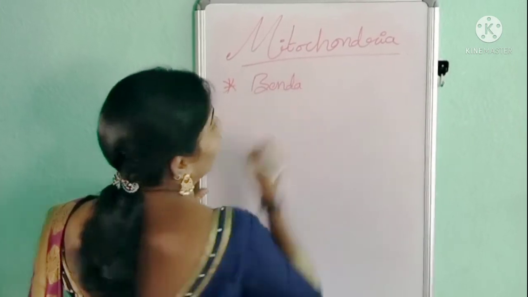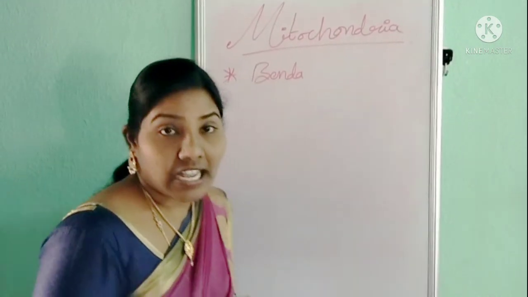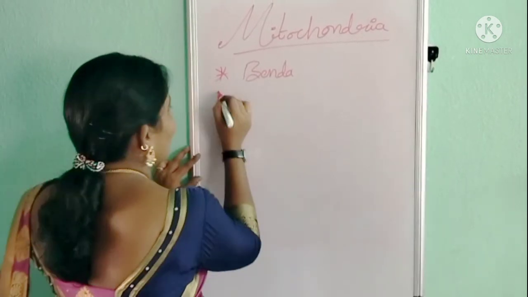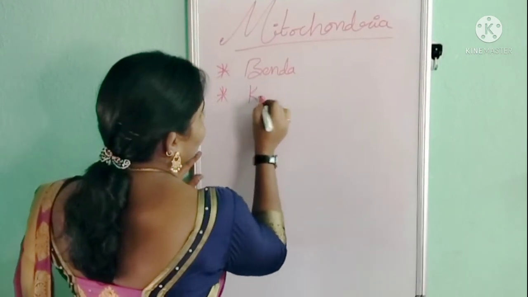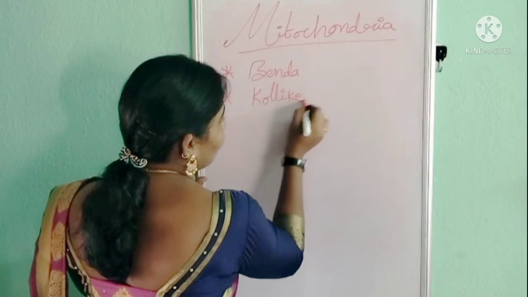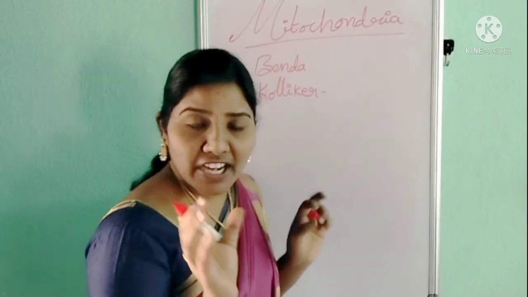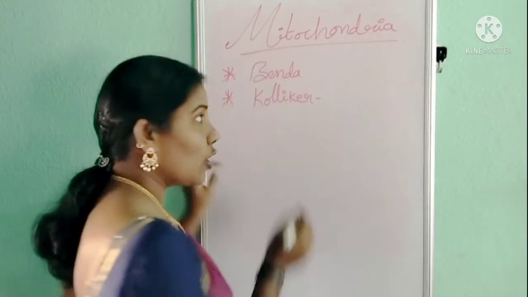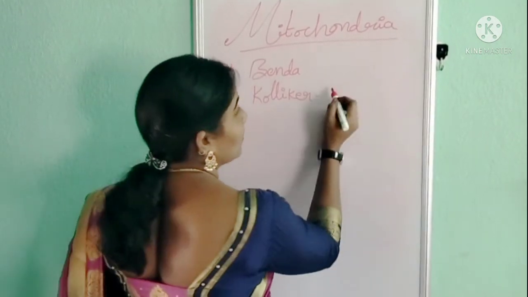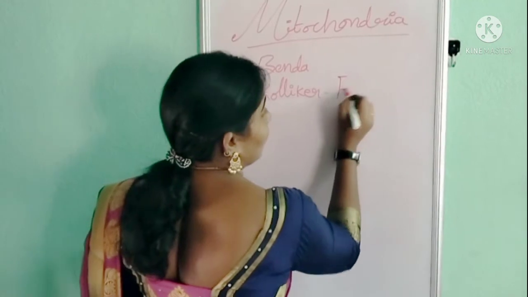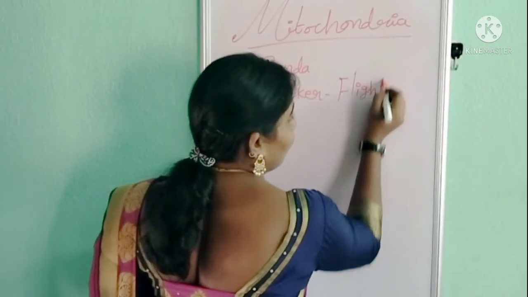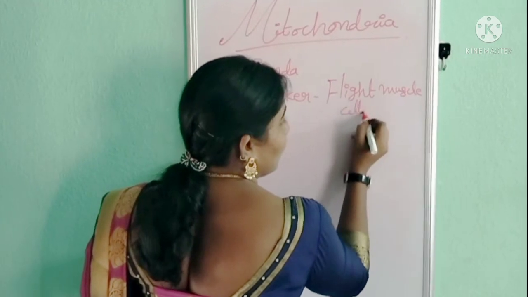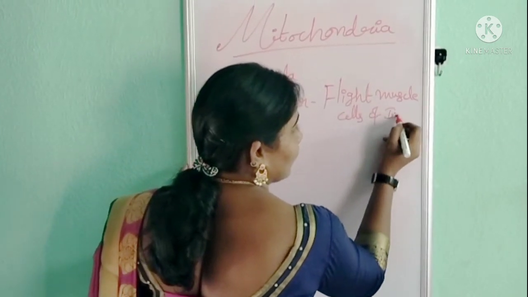Another scientist, Mr. Kolliker, observed the mitochondria in the flight muscle cells of insects.